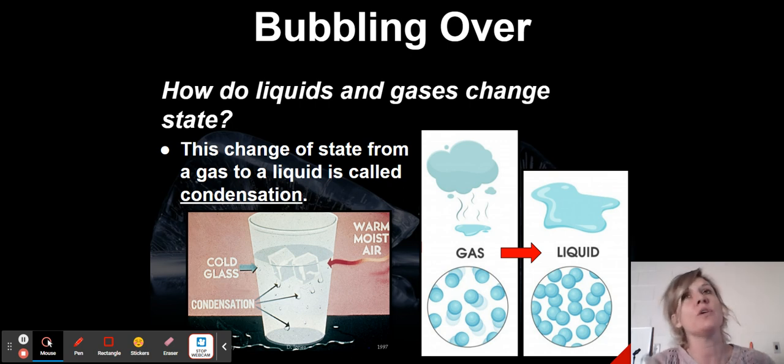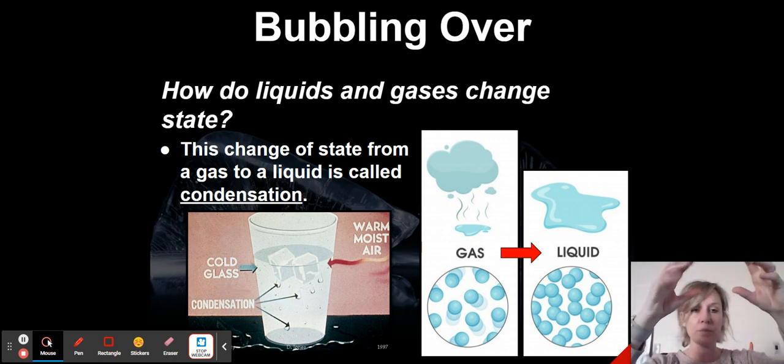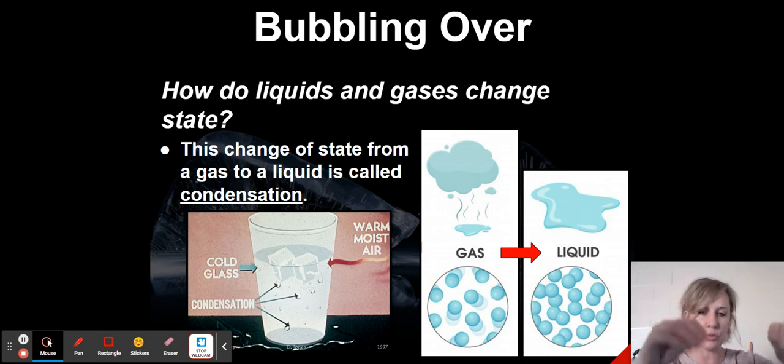If you boil water and put a lid on it, you'll see that water will collect on the top of the lid, and that's condensation. What was happening was the water was boiling, turned into water vapor, but then as it hit that lid, it cooled and then turned back into water.